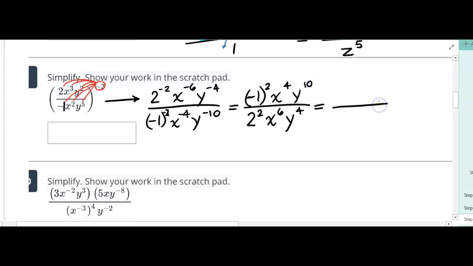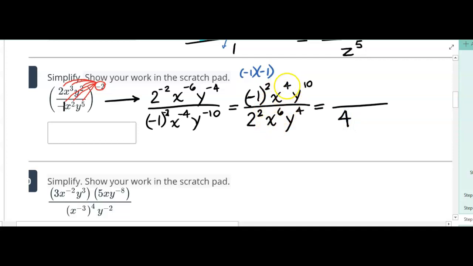Now we just need to simplify by canceling out our common factors and multiplying. So -1 squared is -1 times -1, which is +1. I don't even need to write it. On the bottom, 2 squared is 4. I do need to write that.